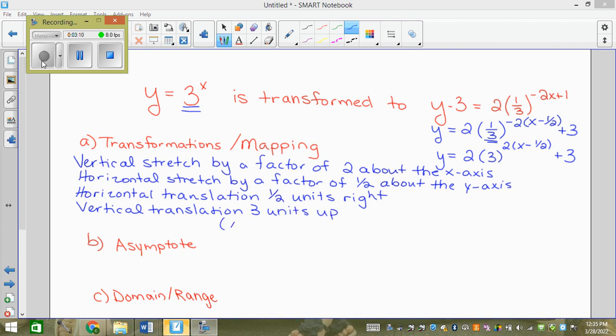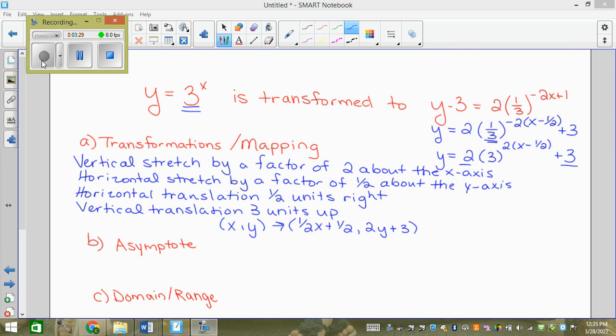So my mapping, my x, y, is going to become whatever affects the x in here. So if it's 2 and negative 1/2, it's actually going to be 1/2 x plus 1/2. And then my y is going to be 2y plus 3.